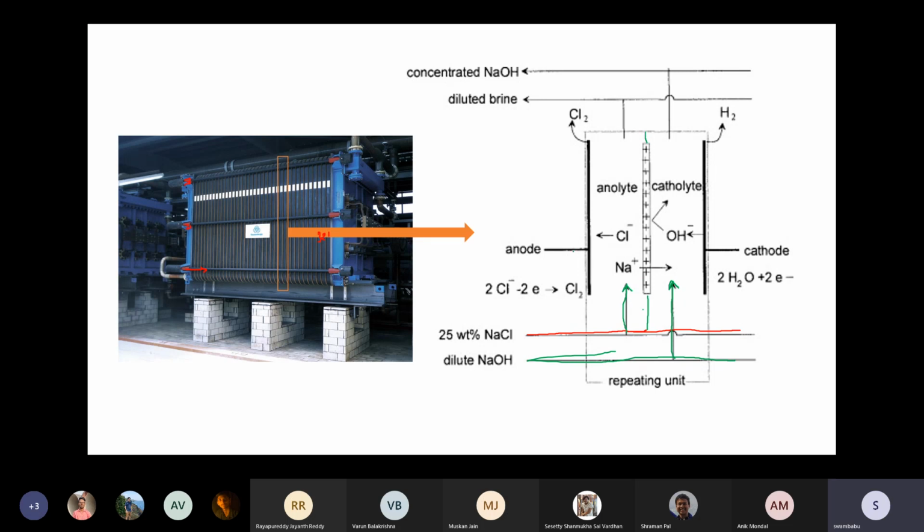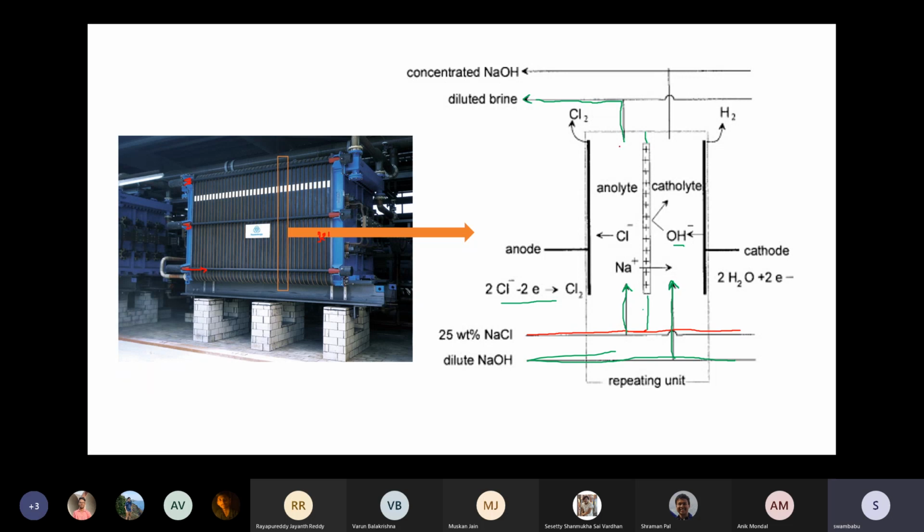Same as what I explained, at the anode Cl2 forms, at the cathode hydrogen and OH- ions form. The dilute brine solution will be taken out using one pipeline. I should put a red mark here.